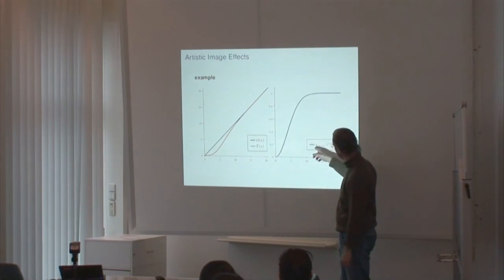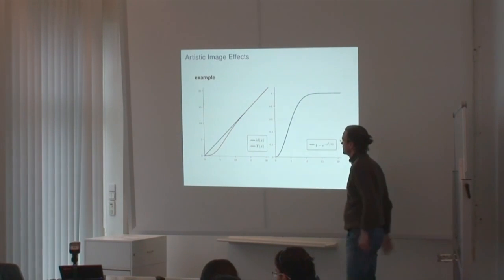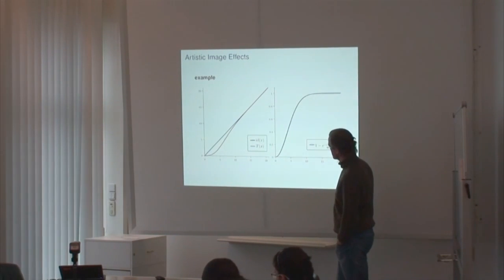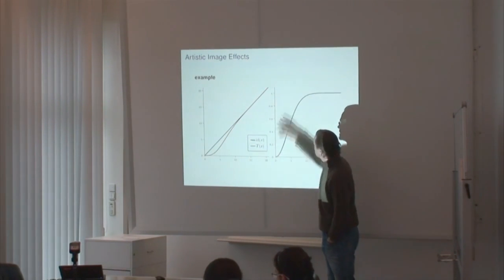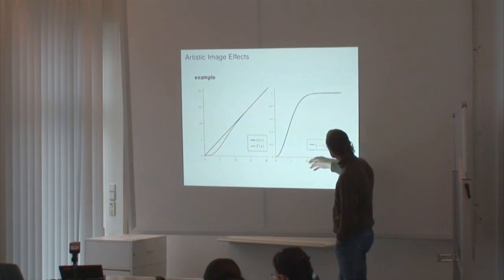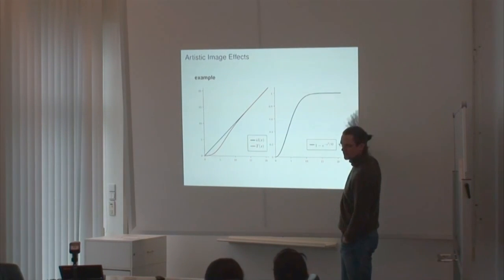So 1 minus e raised to the minus x squared divided by some number, it doesn't even matter, produces curves that look like this. This is something that is less than 1 for a couple of numbers, and then becomes basically indistinguishable from 1 for larger values.